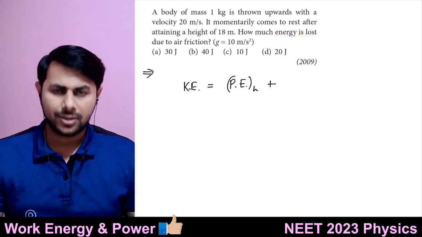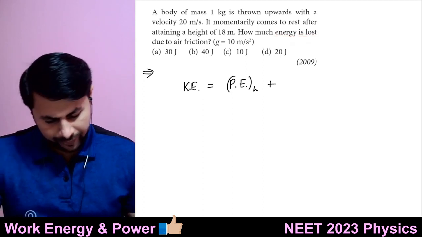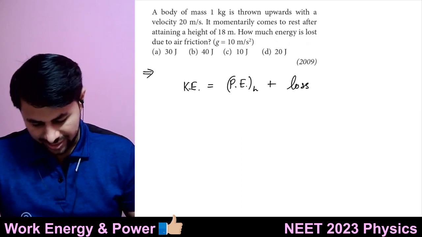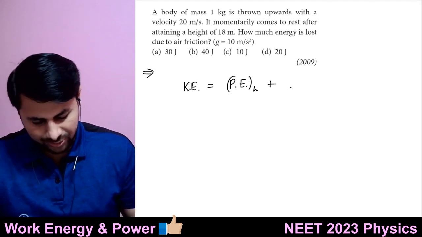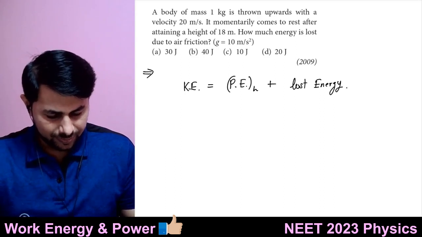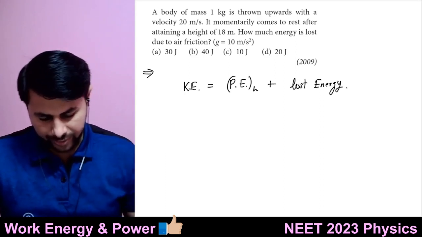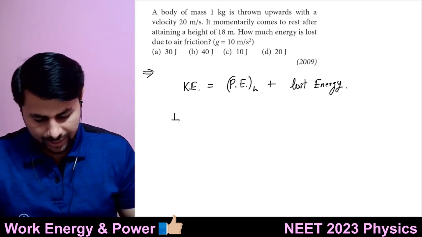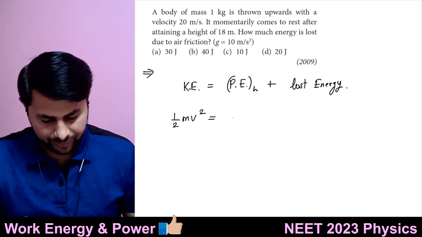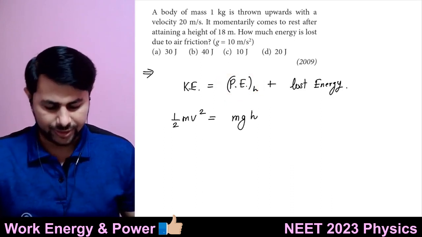How much is the lost energy? Now kinetic energy is half of m into v square, and it is equal to potential energy at height h, so mgh.